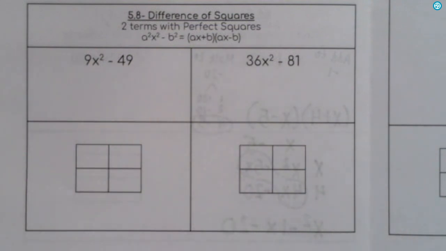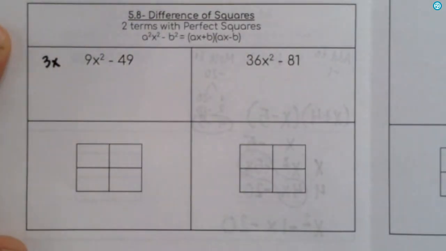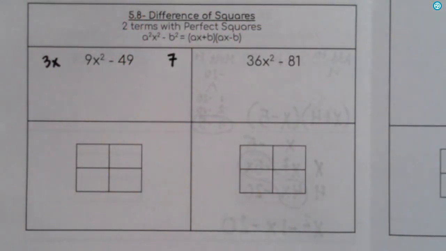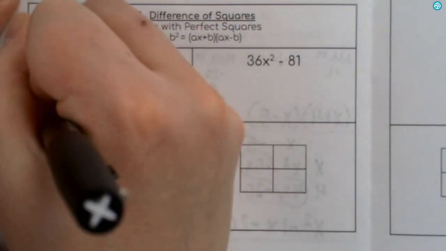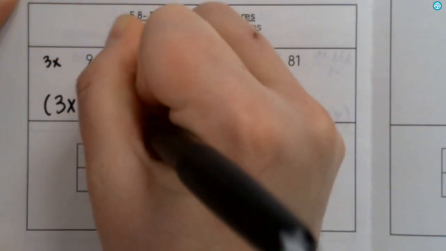So 9x squared is 3x times 3x. 49 is 7 times 7. So really what I did there is I did the square root of 9, square root of 49. With that, my answer is literally just 3x plus 7 times 3x minus 7.